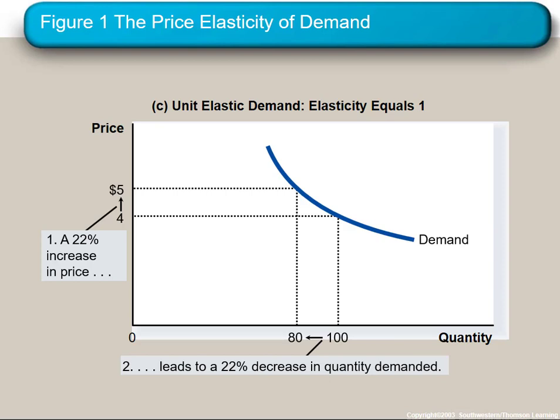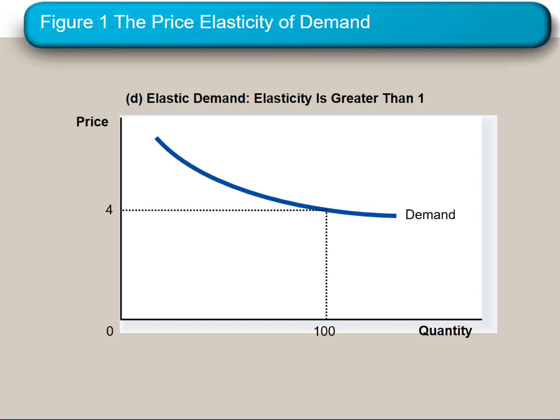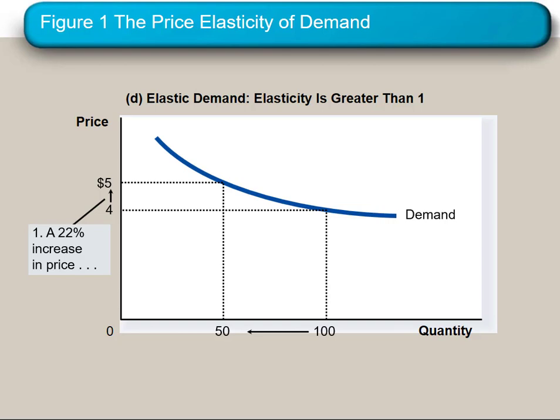So elasticity is going to be equal to 1 in absolute value. And here, in an even flatter demand curve, we look at the same percentage increase in price, and we're going to get this really big response, a 67% change in the quantity demanded. And that's going to give us a number that's greater than 1 in absolute value. 67 over 22 is about 3.